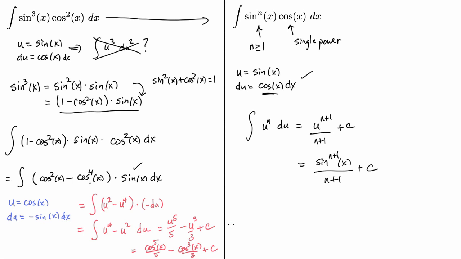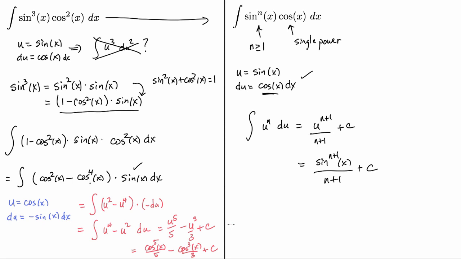And so the idea is, can we take the trigonometric integral and through a series of applying either Pythagorean identities or half angle identities or double angle identities, can we write it in a form where we expose a single power, and if we can, by exposing that single power, we can do a nice trig substitution like I just showed.